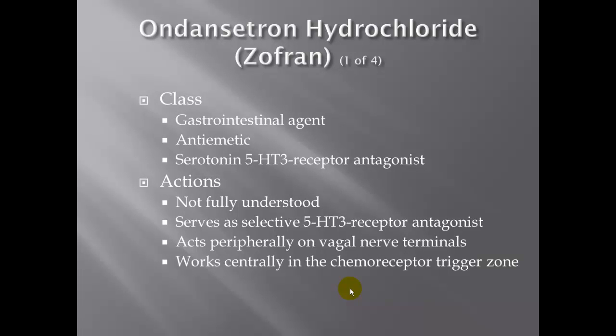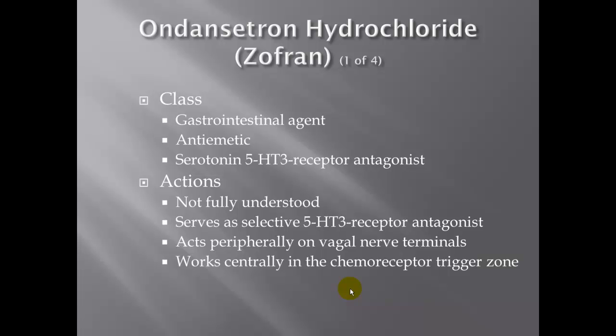Ondansetron hydrochloride, or Zofran. Class: gastrointestinal agent, antiemetic. It works as a serotonin 5-HT3 receptor antagonist. The action is not really fully understood, but it selectively works off the 5-HT3 receptor and antagonizes it, which will decrease nausea and vomiting.